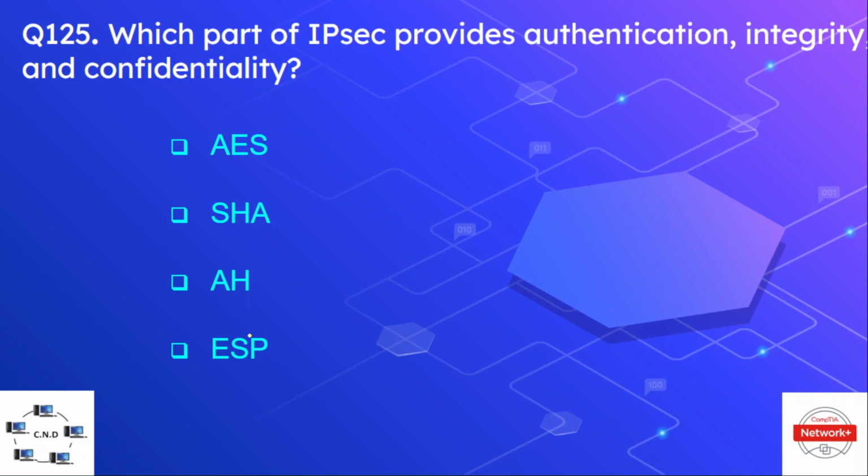And the correct option is ESP, or Encapsulating Security Payload. AH is used for authentication and integrity. It does not provide confidentiality, while ESP also provides confidentiality. So these both are the protocols used in IPsec.